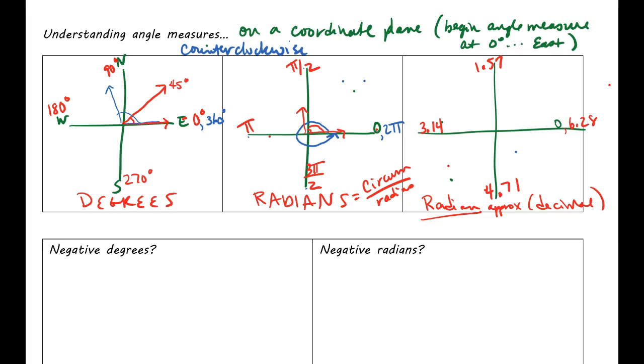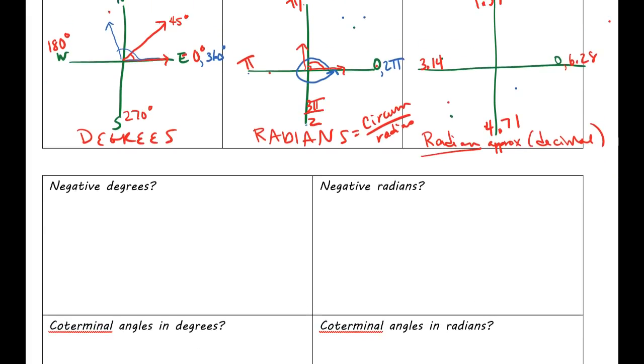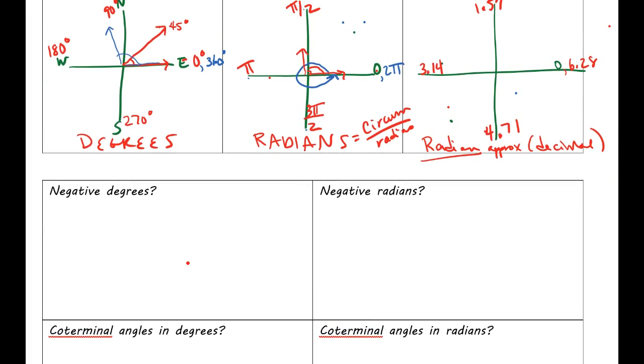So let's actually practice this concept, okay? Negative degrees or negative radians. Now, all that this means is if someone gives you a negative, like if they say, I need you to go negative 110 degrees and sketch that. All that the negative does is it makes you go around the circle backwards. So if we're supposed to be measuring counterclockwise, backwards now means clockwise.